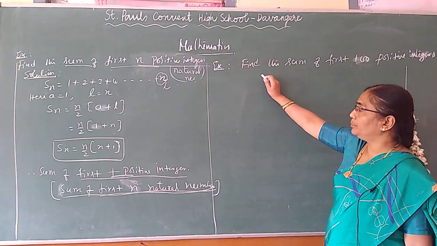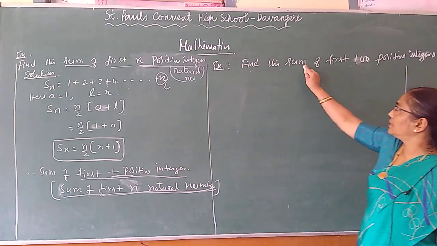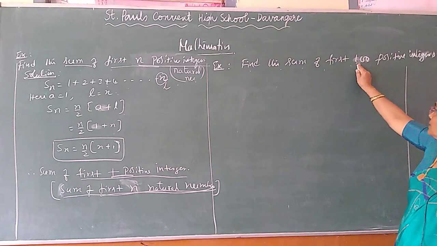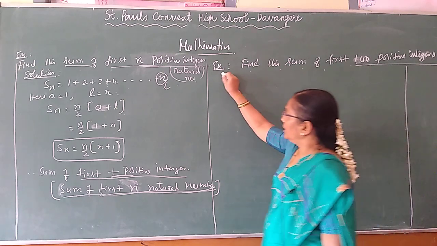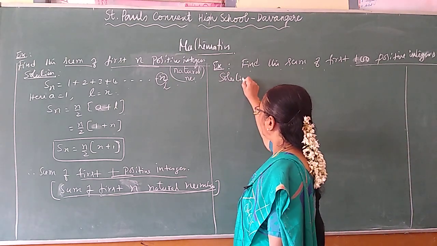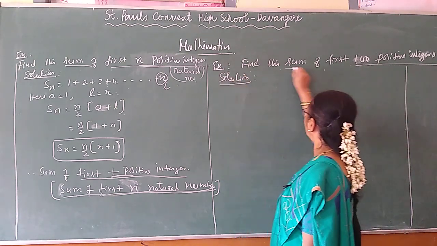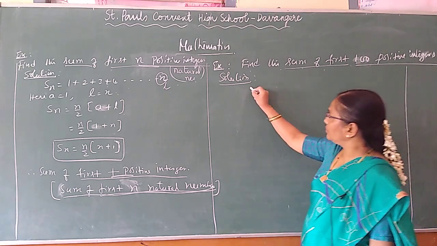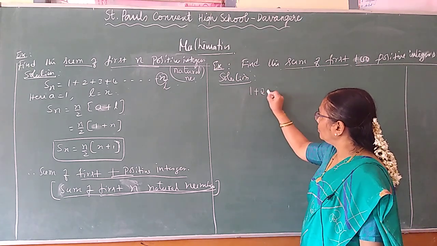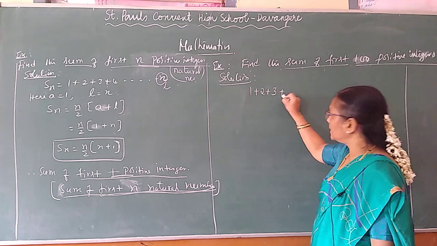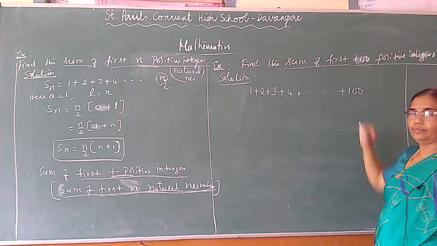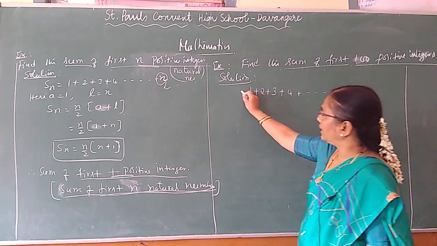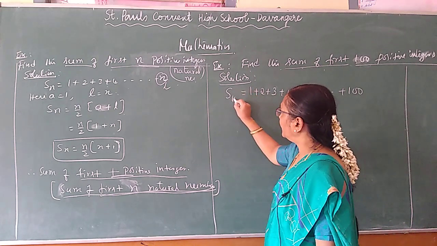Okay, here the problem is find the sum of first 100 positive integers. Means the numbers which start from 1. Sum of first means 1 plus 2 plus 3 plus 4 plus up to 100. Therefore, here we write 100.